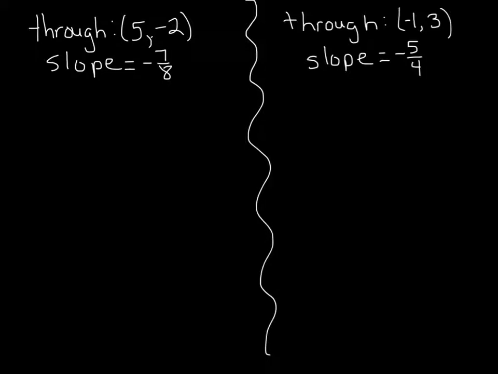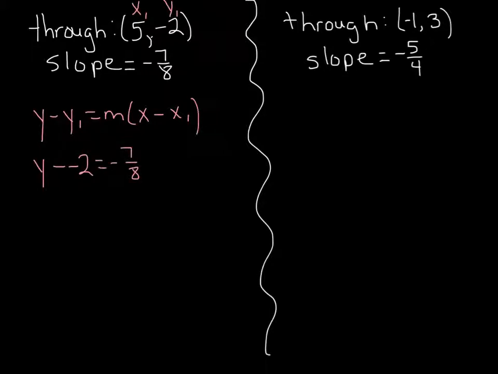Now when you have a point and a slope, you use what's called point-slope formula. Y minus y1 equals m, x minus x1. Our ultimate goal is still to get it into slope-intercept form. But this is your x1, this is your y1. So y minus -2 equals -7/8 x minus 5.